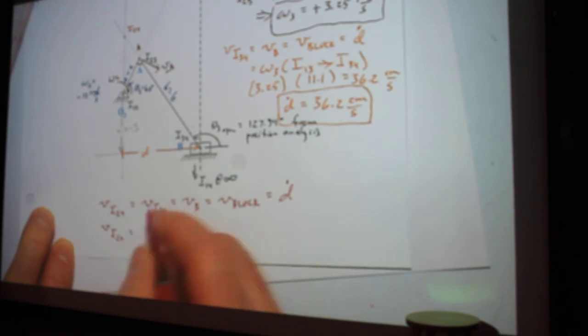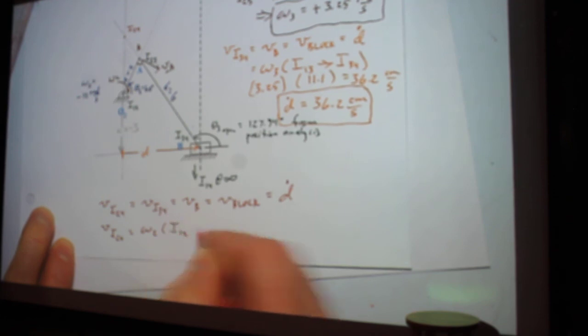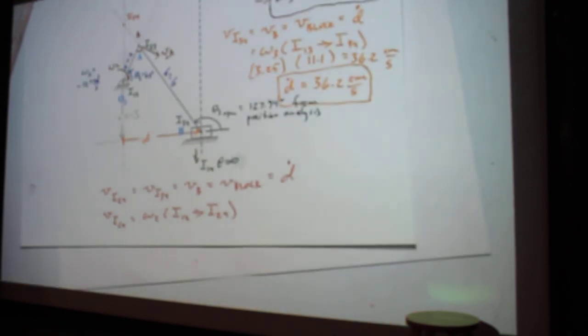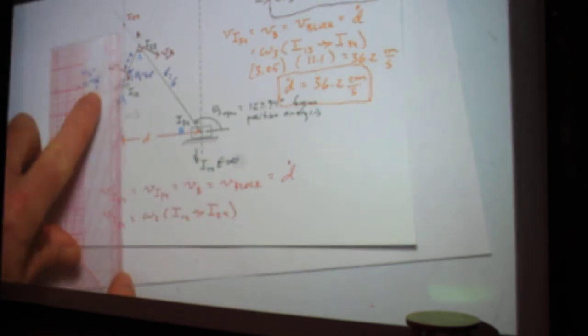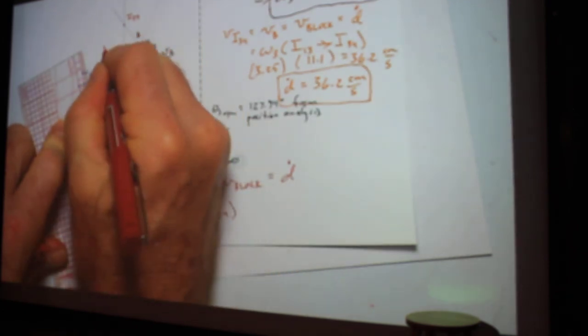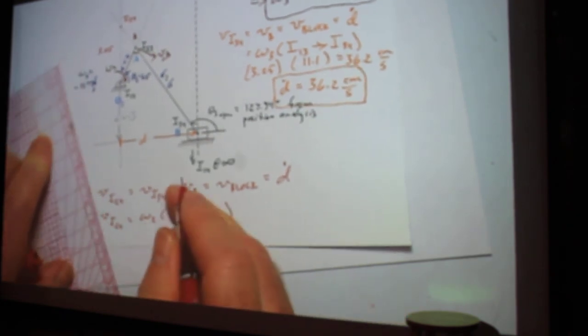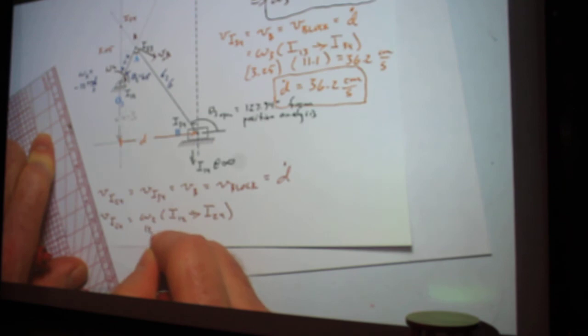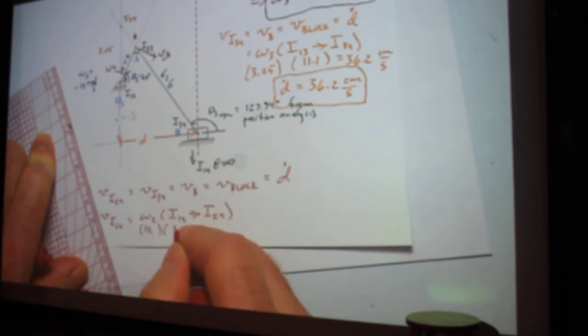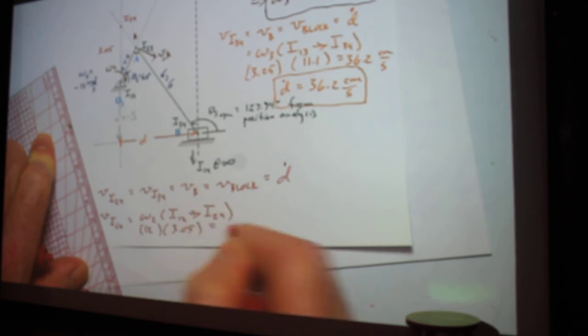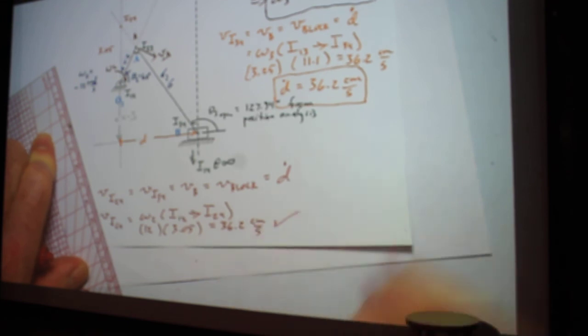I-24 equals omega 2 times I 1,2 to I 2,4. If I measure this distance right here, I get 3.05. So this equals 12 times 3.05, which equals 36.2 centimeters per second. So it checks out.